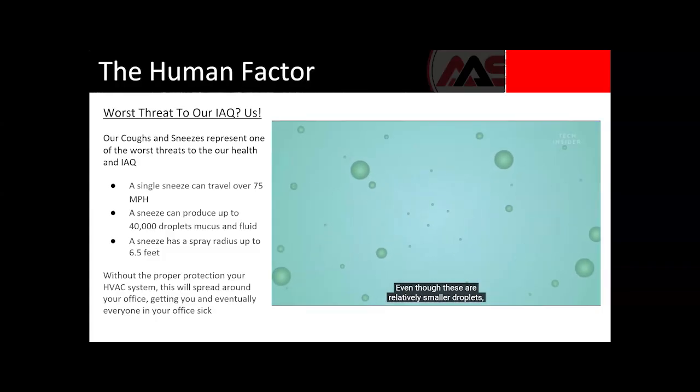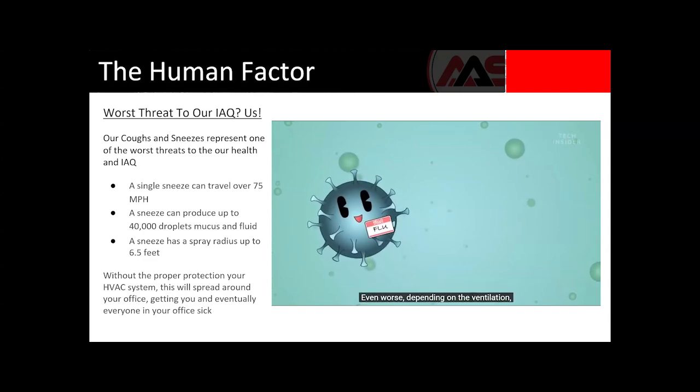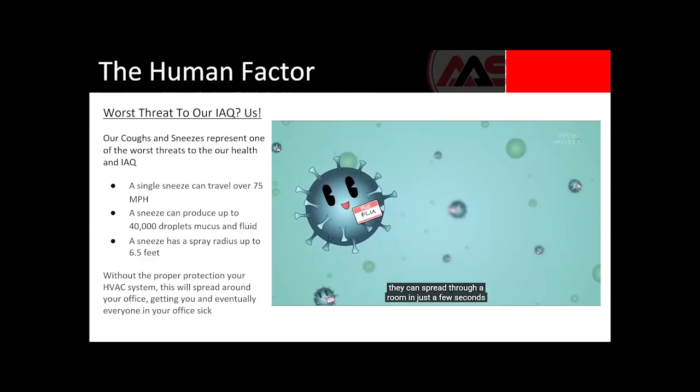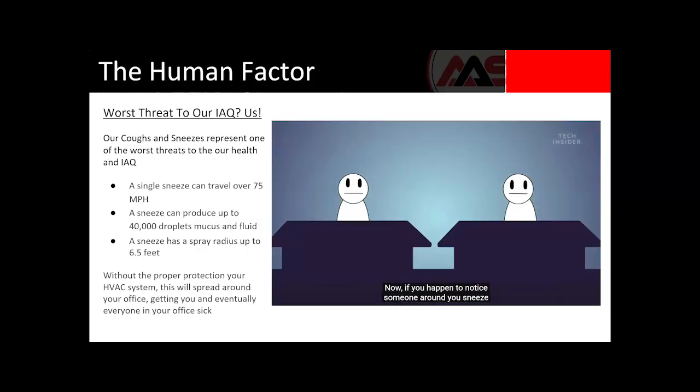Even though these are relatively smaller droplets, they're probably still teeming with harmful pathogens like the flu virus. Even worse, depending on the ventilation, they can spread through a room in just a few seconds and remain suspended for up to 10 minutes. Now, if you happen to notice someone around you sneeze or cough, you can hold your breath as you move out of range.